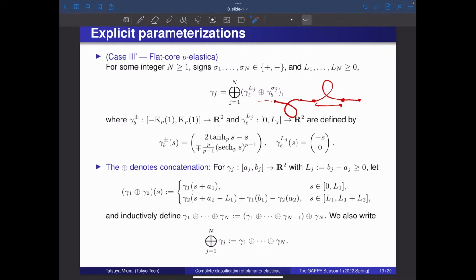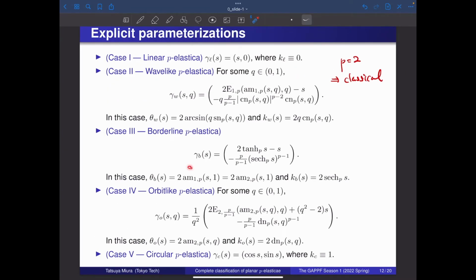Like this, we can continue the concatenation procedure to define this flat core p-elastica. Okay, and I also remark that this is a trivial line, and here we have a non-trivial parameterization, but this actually coincides with the previous borderline case, at least on the level of notation.